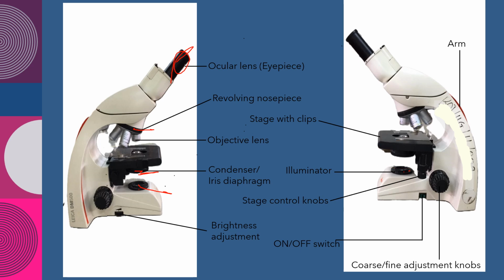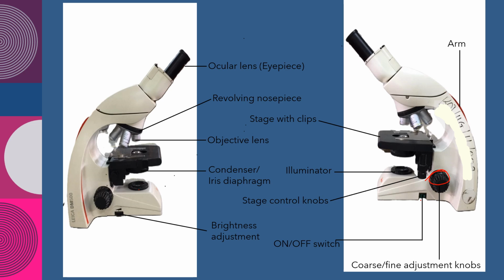And then we have the coarse and fine adjustment knobs, which we see here. Then we have the brightness adjustment knob or switch, which is visible here. And then we have the on and off switch.